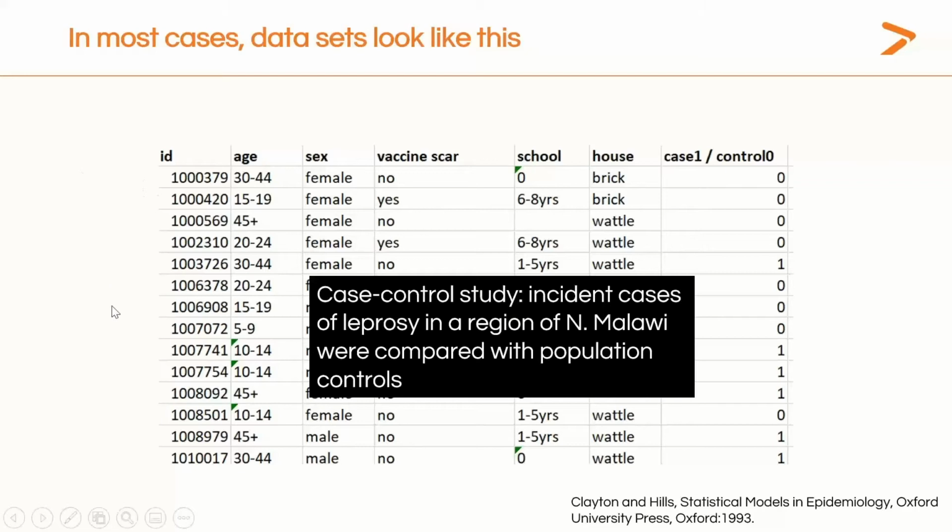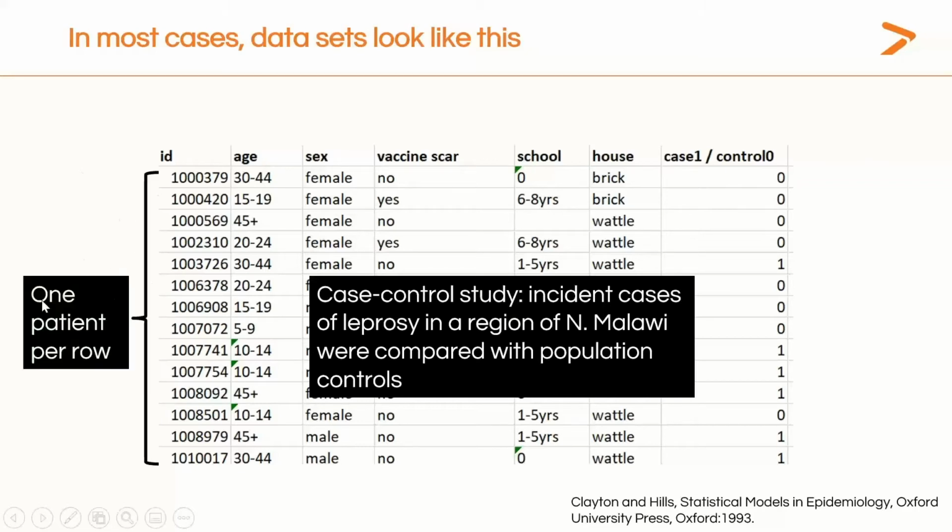In rows here, we have patients. We have one patient per row. And here we have an outcome variable, which is case or control. So 0 means the patient is part of the healthy group, and 1 means the patient is part of the case group. 1 means the patient has the disease.